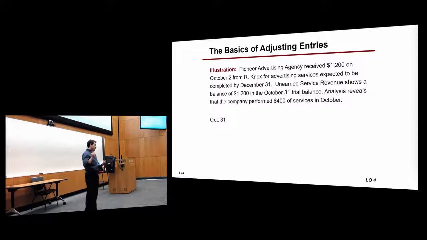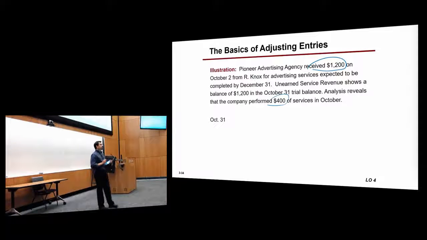Now, I'm not going to repeat what I read before, so I'm going to jump directly to that one. What's the journal entry that we need to do here? So the company performed $400 of the service. The original amount of unearned service revenue was how much? 1,200, right?